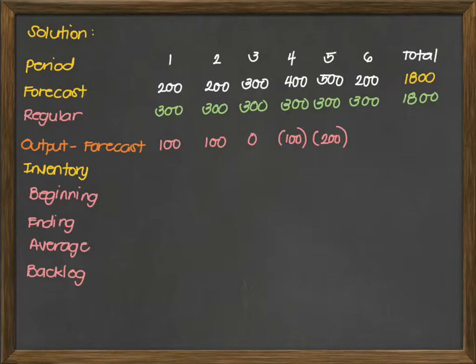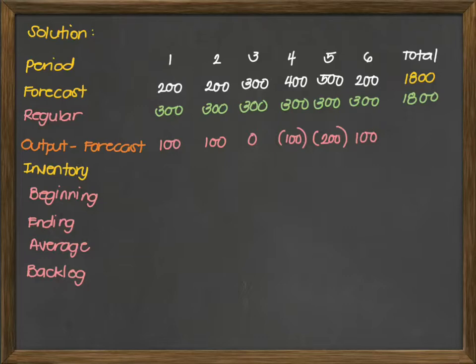So, definitely, we'll have 200 units short for period 5. And then, si period 6, again, we'll have a positive difference of 100 kasi naging excess yung ating production on that time.